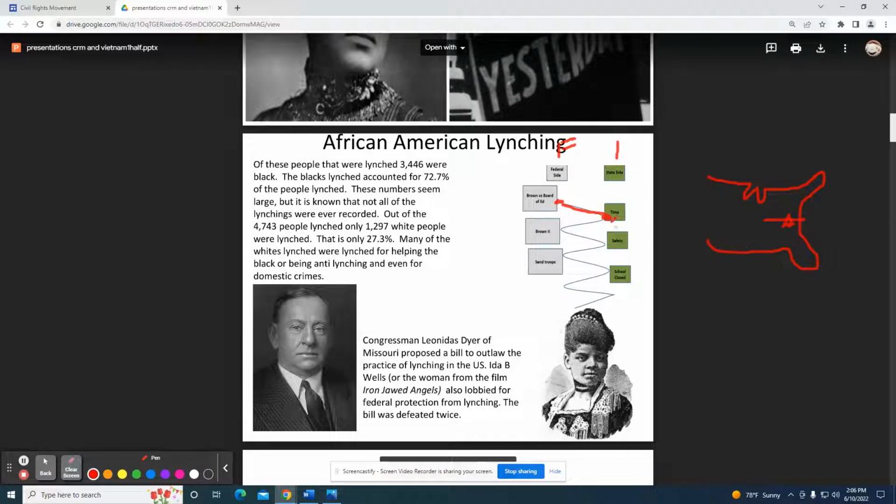Well, we're getting to it. So that means that this initial piece of legislation here really is not going to be successful, because if you don't have a time constraint, that means that integration can take place at any point. And that's the loophole that the state side is using, which then forces the federal government to pass another law, or revise Brown and come up with Brown 2, which says we're going to do this with deliberate speed, which now means that the federal government is saying you have to integrate the schools, and we're going to put a time constraint.